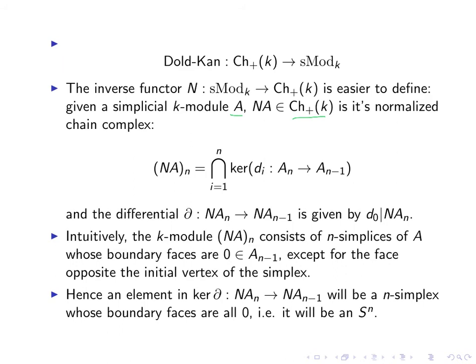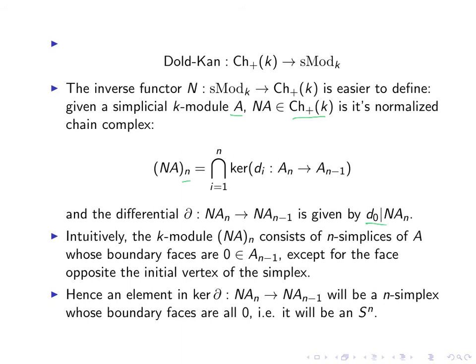Here's the definition. The nth term of the chain complex is given by the kernel of all the face maps except for d0, and then the differential is just given by d0.